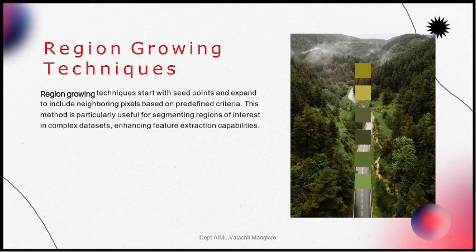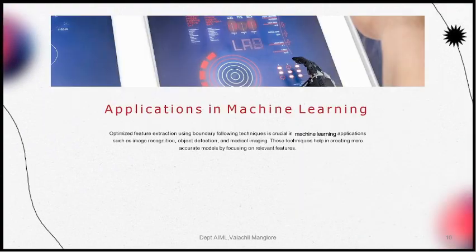Boundary following is a fundamental technique in computer vision and image processing that provides critical insights across numerous applications, albeit with some challenges in robust preprocessing and algorithm design. Application in machine learning: some types of boundary following are edge detection, contour detection, and boundary tracing.